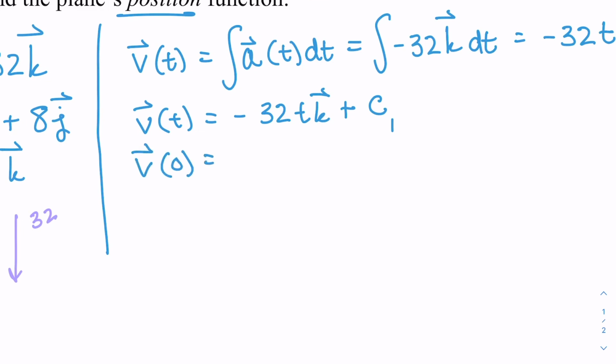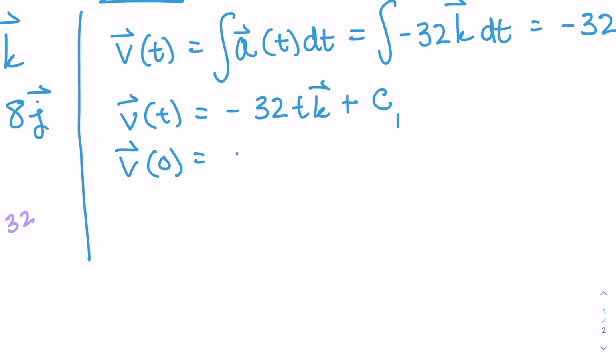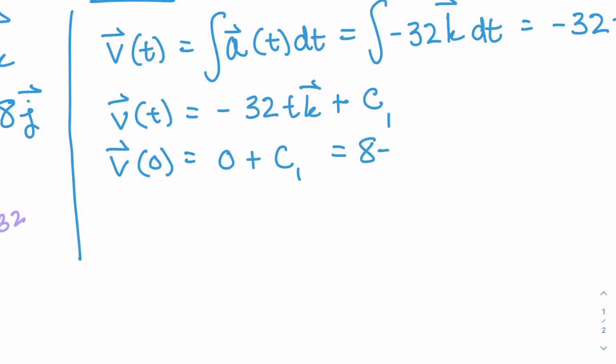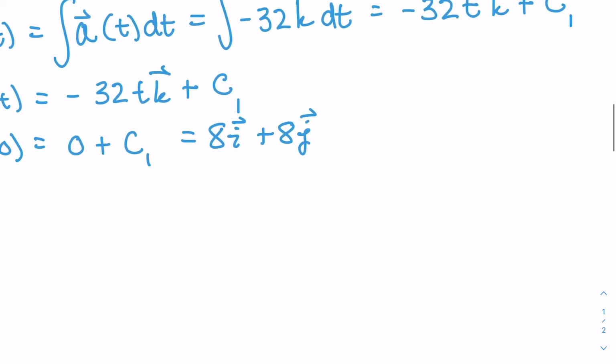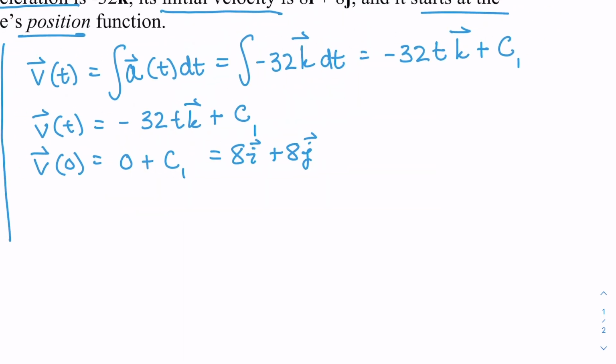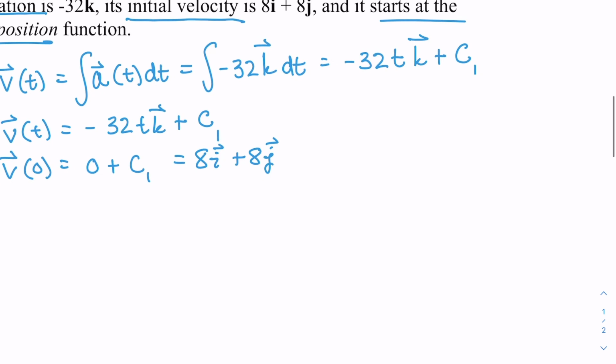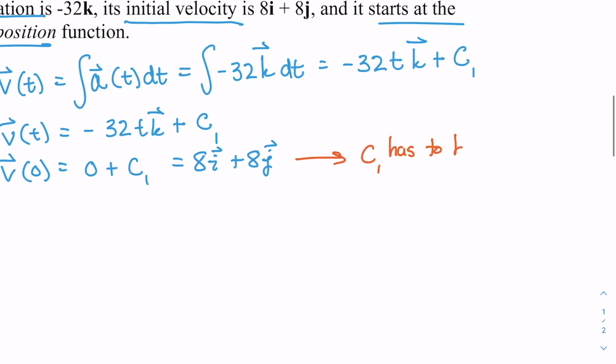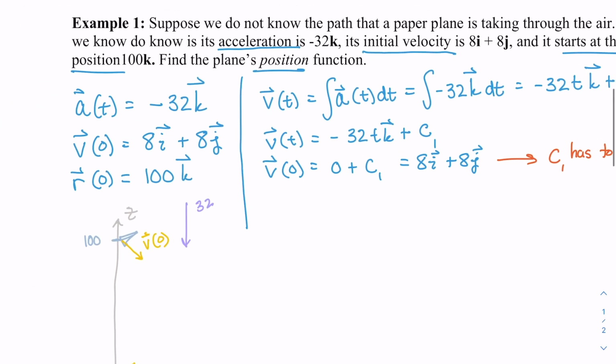That's going to be 0 plus C1, which has to equal 8i plus 8j. So from this, we know that C1, the constant, has to be 8i plus 8j. So we used our velocity initial condition.